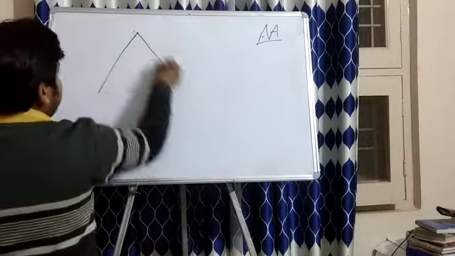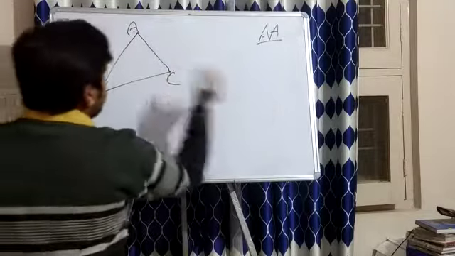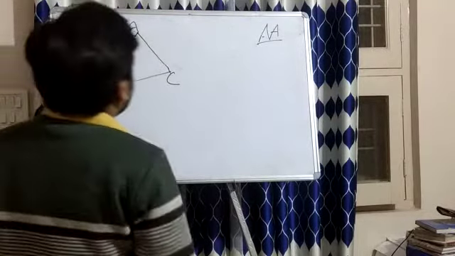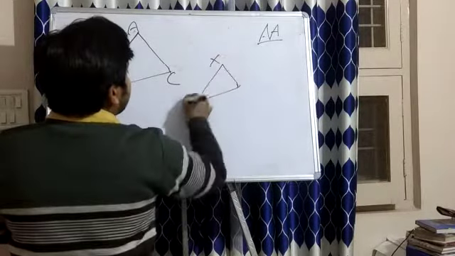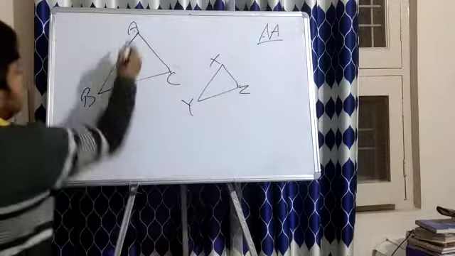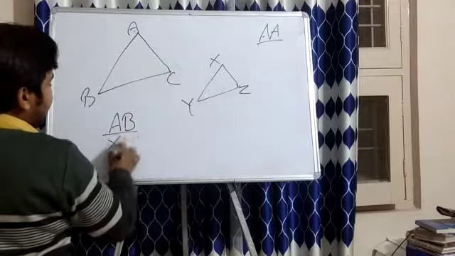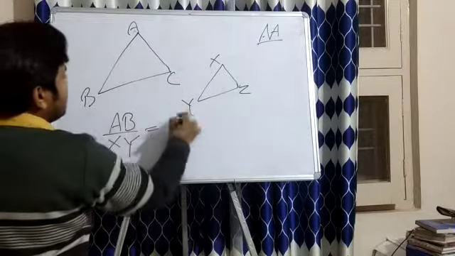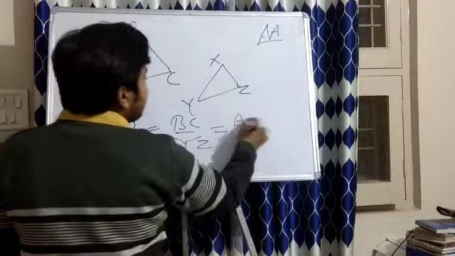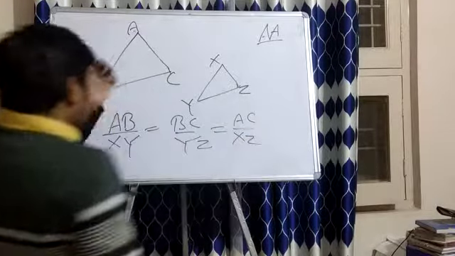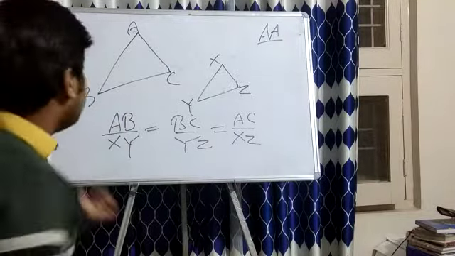Suppose I have this one triangle, this is A, B, C. We will keep the labeling alphabets the same. This is X, Y, Z. Now, if we know that AB upon XY is equal to BC upon YZ is equal to AC upon XZ, then we know that these two triangles are similar because the ratio of the corresponding sides is equal.